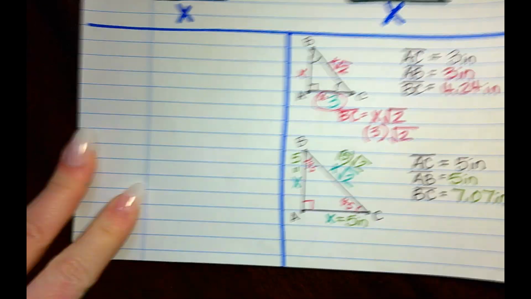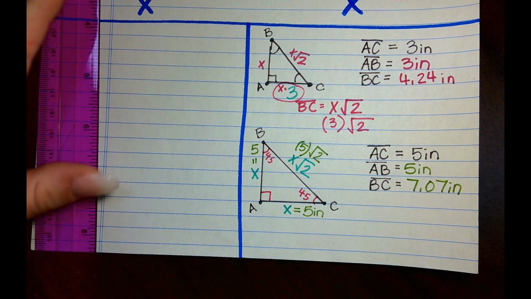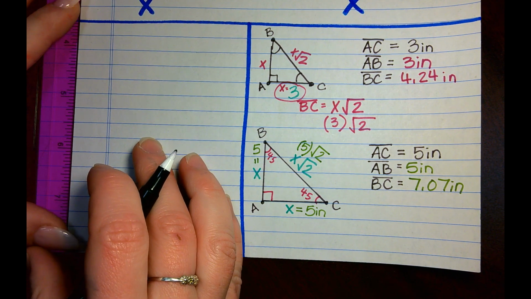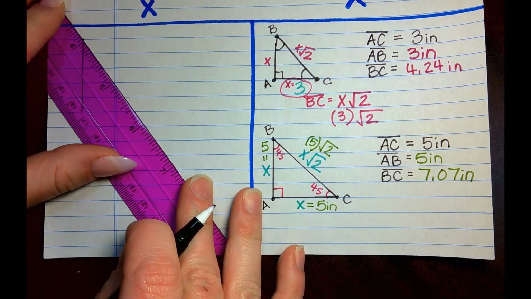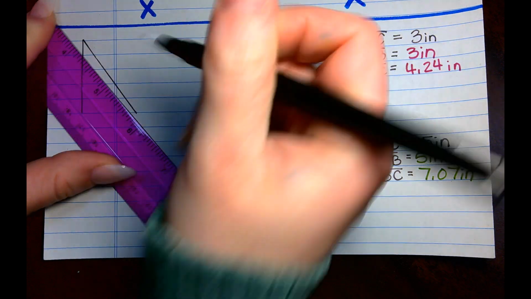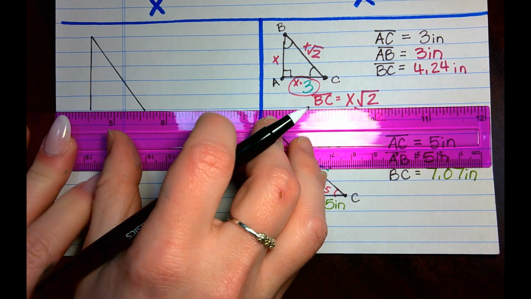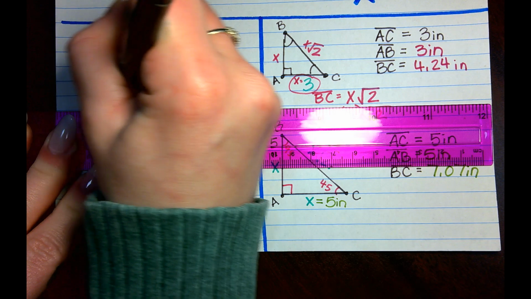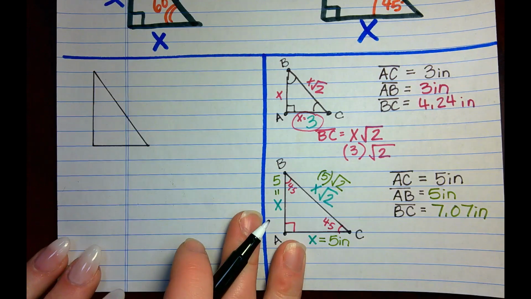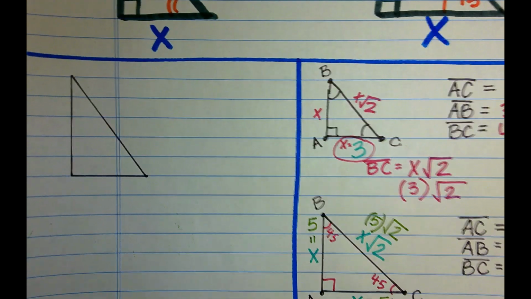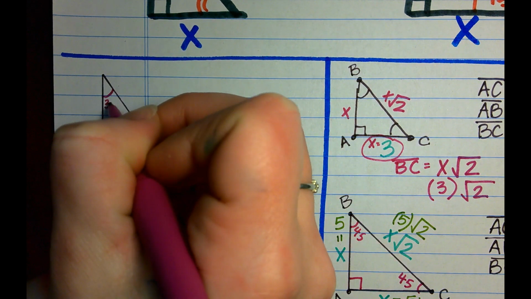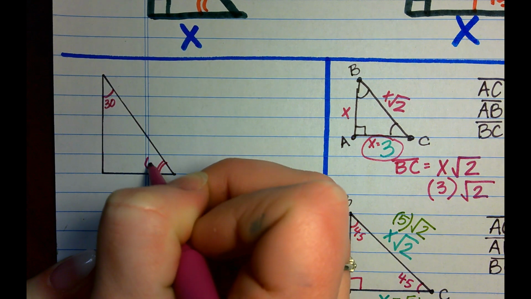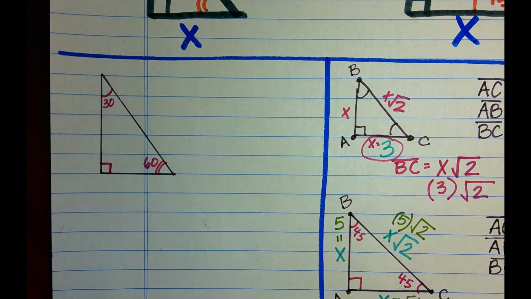We're going to draw a triangle, and I'm going to label 30, 60, 90.